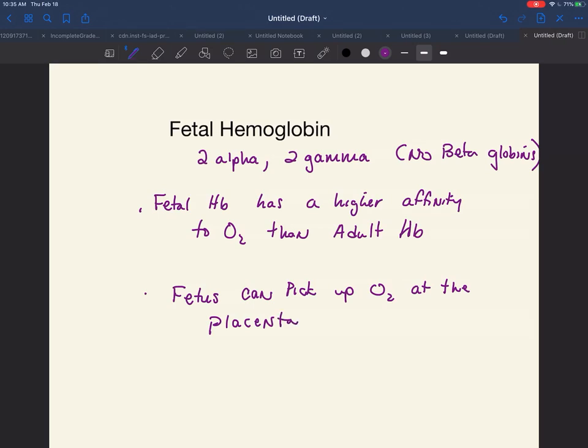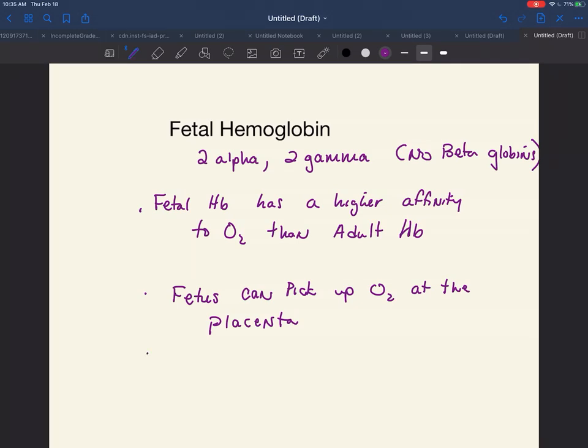So when the blood gets to the placenta, it's under low oxygen and it should release it, right? And the mother releases it. But if the fetus had the exact same type of hemoglobin as the mother, then it would also not pick up the oxygen because it would be under a condition, an environmental condition, where it needs to release it. So that's why fetal hemoglobin needs to be different so that it picks it up when the mother's hemoglobin is releasing it.